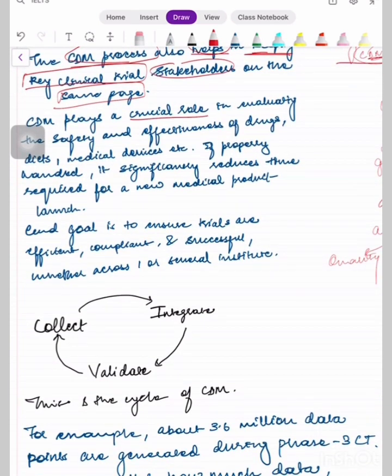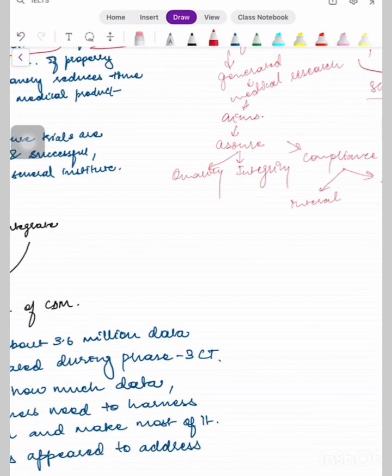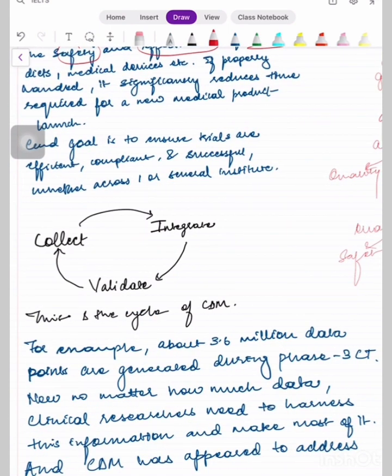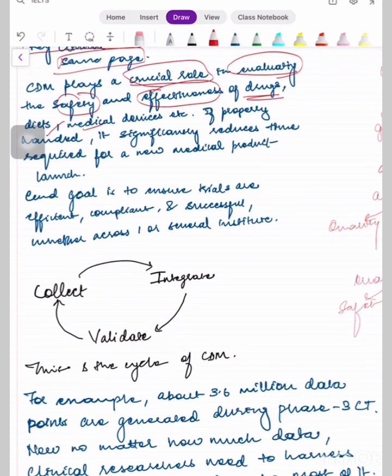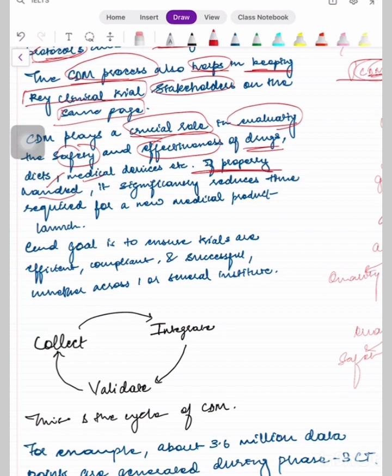CDM plays a crucial role in evaluating the safety and effectiveness of drugs. We studied this earlier, that it plays a crucial role in evaluating two things, the safety and effectiveness, that is the therapeutic value of a drug, whatever it could be, drugs, diets, medical devices, etc. If properly handled, it significantly reduces the time required for a new medical product launch.